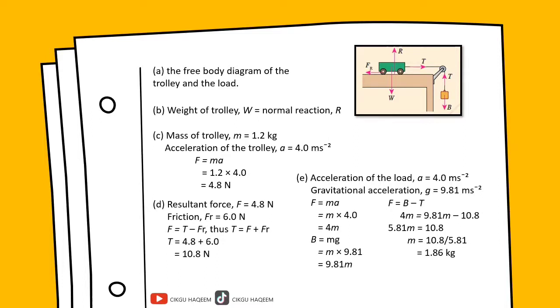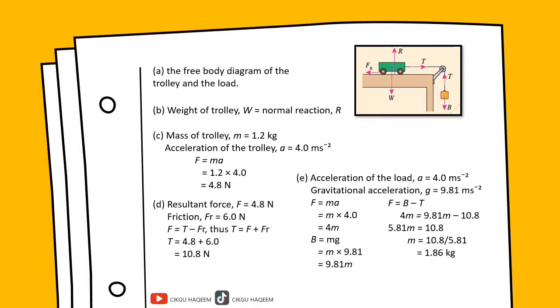So for the resultant force, using the formula, we substitute m times 4.0 m s^-2. We don't know yet the mass of the load, so we express it as 4m. Then the weight of the load is equal to mg.